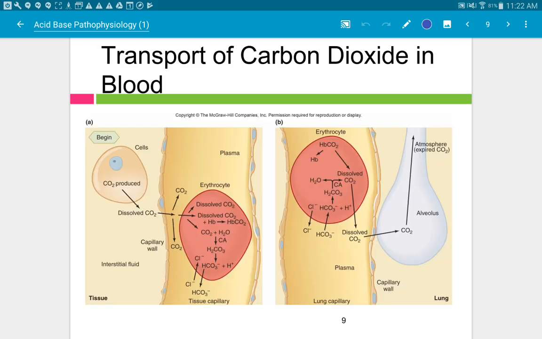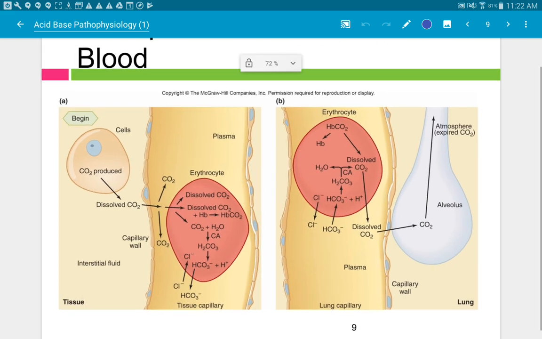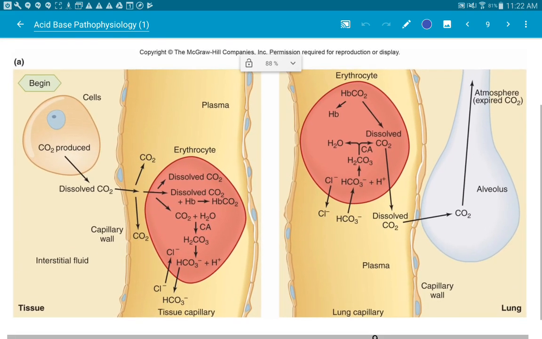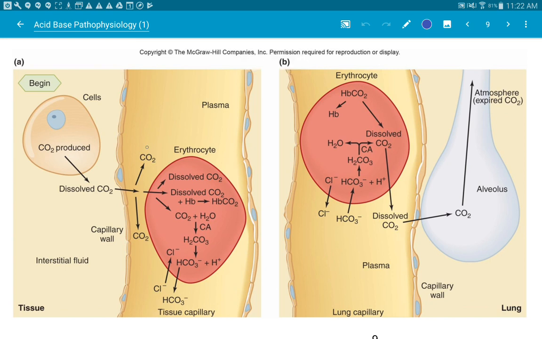That's just the overview. We were producing CO2. We've got to get rid of it. Here are your 3 ways. They're all on this slide, and I'm going to circle them. Okay, here we go. Number 1, some of the CO2, but only a very small percent. I'll just give you an estimation. I don't know if this is quite right because it's been over a year since I've thought about it, but it's something like 2% or less that is dissolved as carbon dioxide purely within the fluid of the blood.